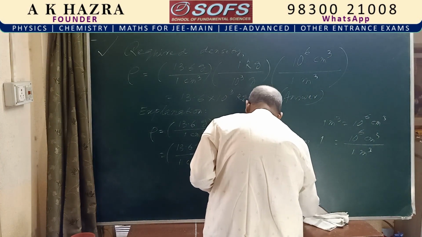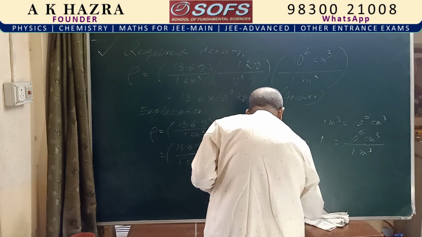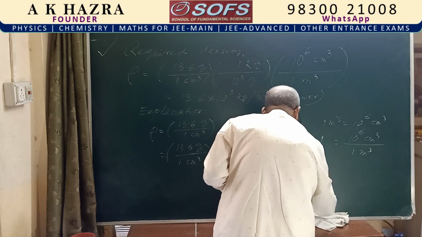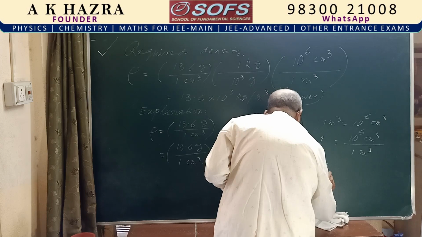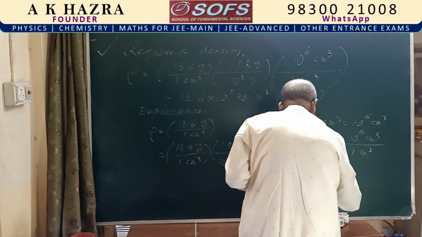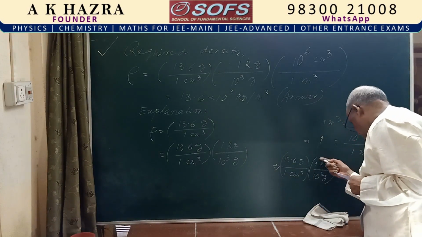13.6 gram per cubic centimeter. This is the explanation. 1 kg by 1000 gram into 1. Multiply this quantity on both sides.